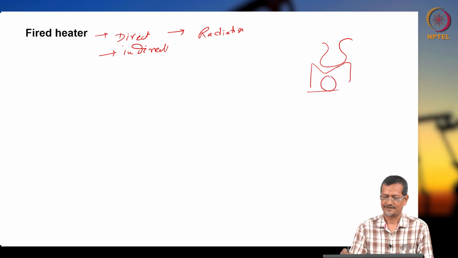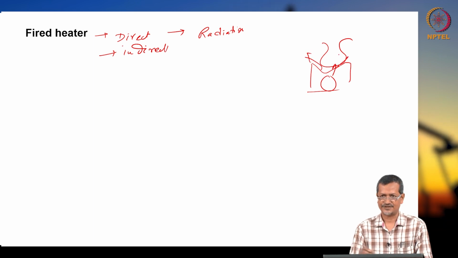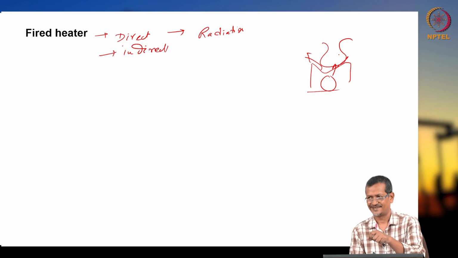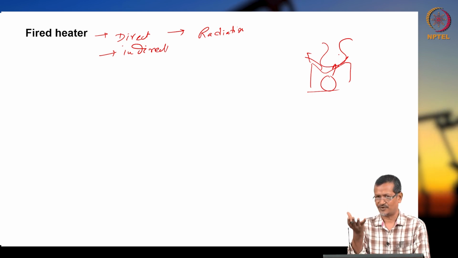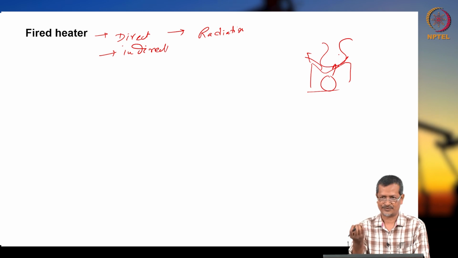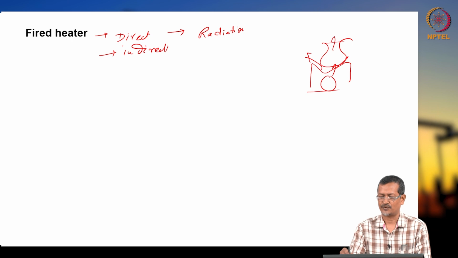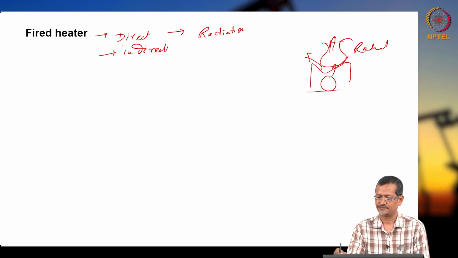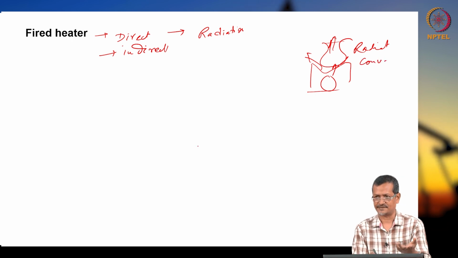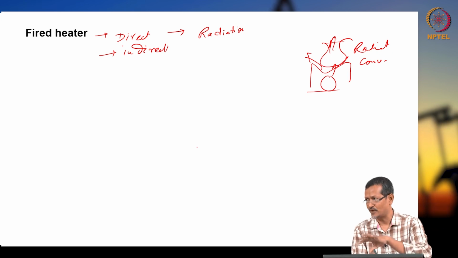Lots of fire will be coming, so direct radiation is heating, radiation and some convection. Conduction is not there because hot gas is going there. Hot gas is not touching any solid body. Only hot gas going and radiation going. That's why your cooking pot will be heated up. So radiation mainly and convection will play a role in direct heating systems. But in indirect systems, radiation will play a lower role.